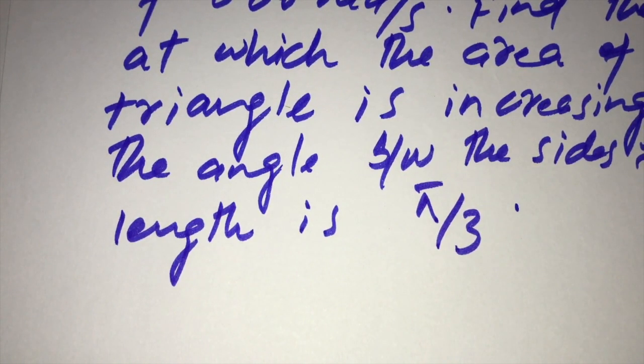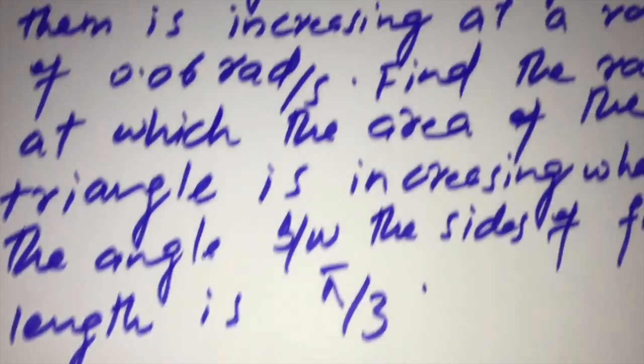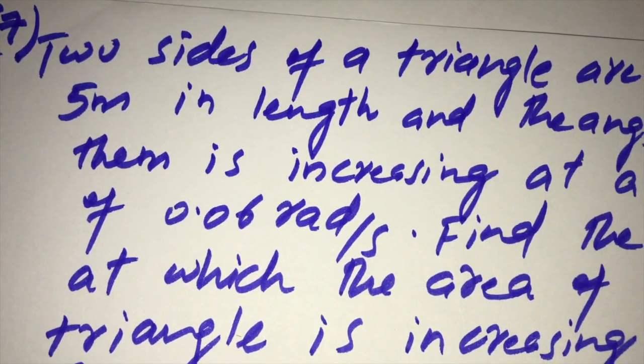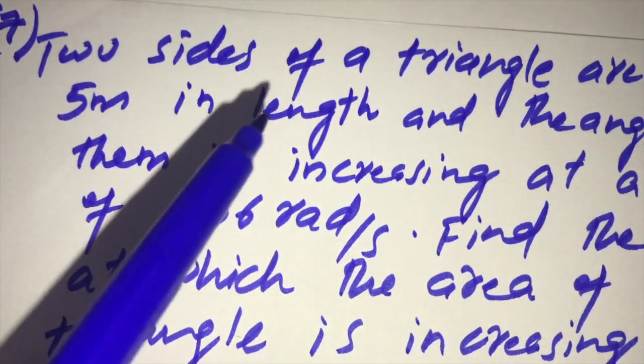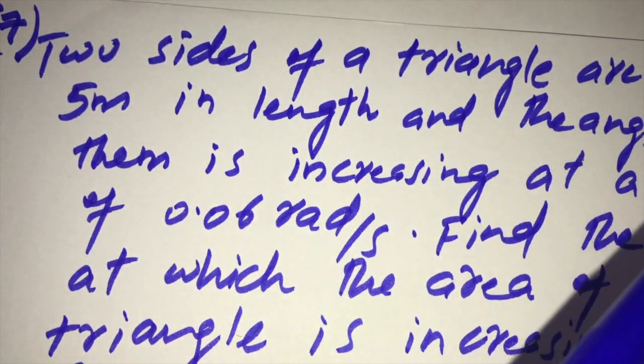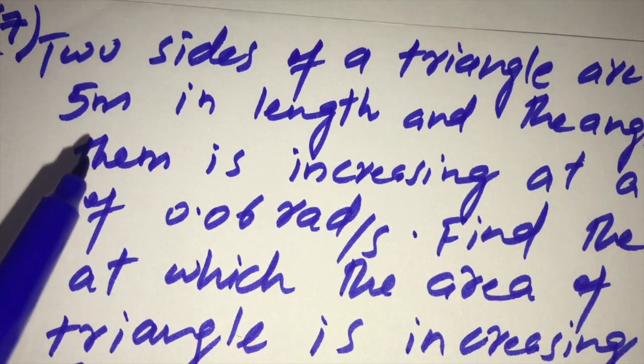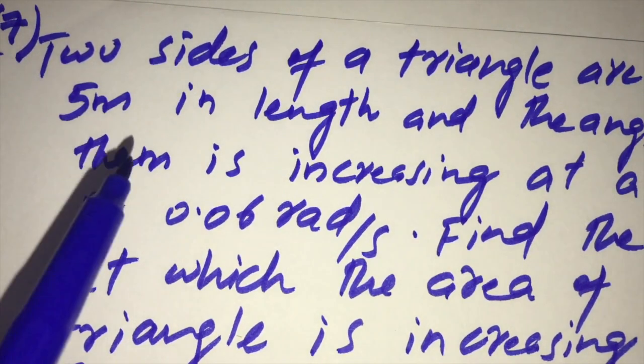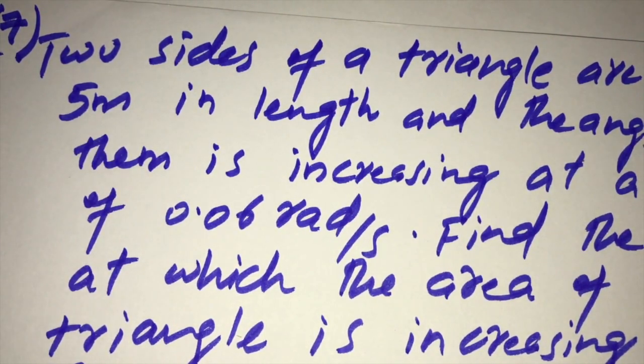So in order to solve this question, we first write the given data. What is given is two sides of the triangle are 4 meter and 5 meter, and these sides are fixed.